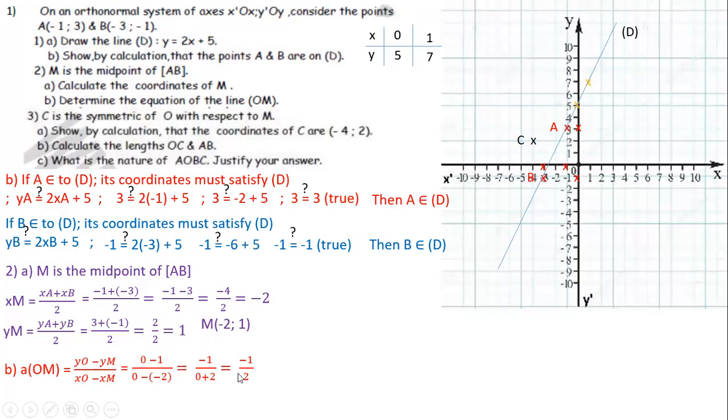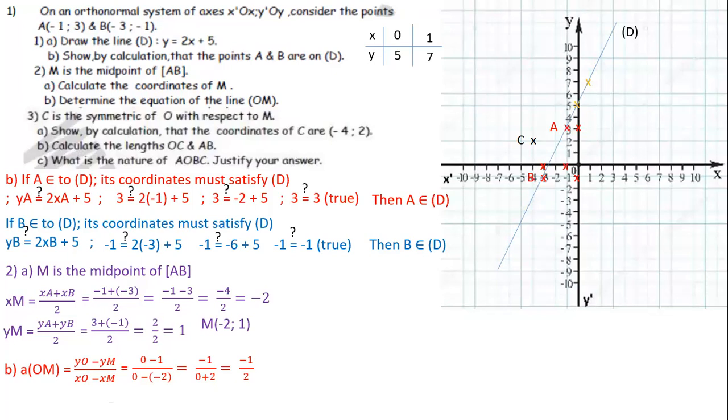After getting the slope, now we should write the equation of the line. Which point belongs to OM, Column? We could choose M since M belongs to OM. I want to tell you something very important. It's right to choose M. It's not wrong to choose M at all.